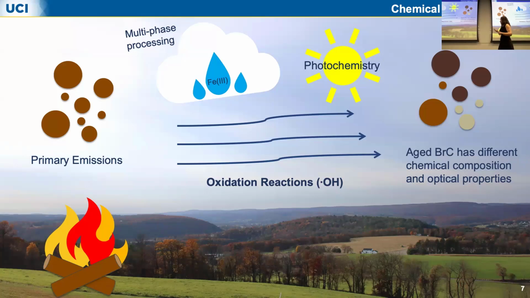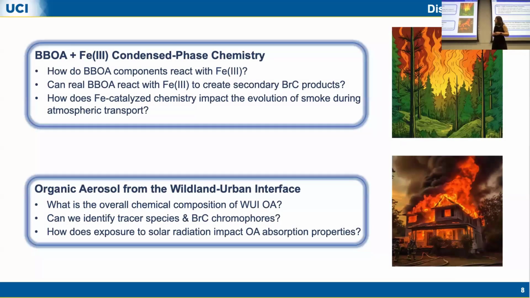But in terms of photochemistry, multi-phase processing, oxidation reactions, these things go on simultaneously in the atmosphere. And you can form aged brown carbon that has different chemical and optical properties. And so you'll notice in my little schematic here that some might stay the same color, some might darken, or some might even lighten.